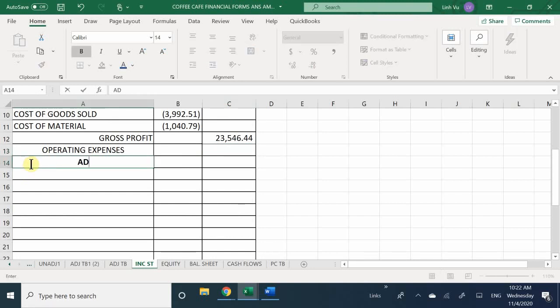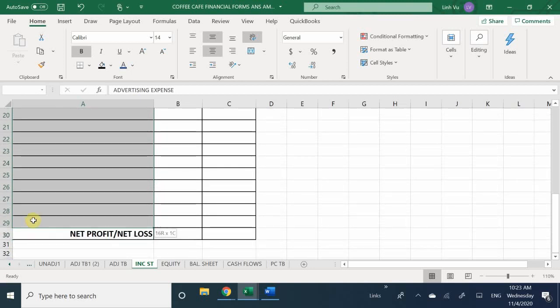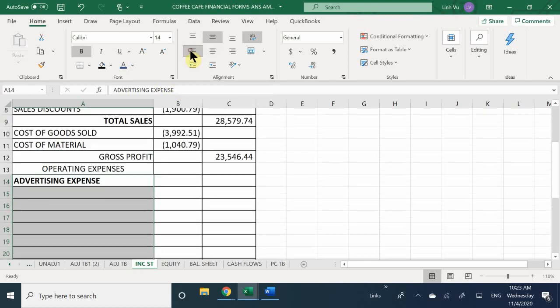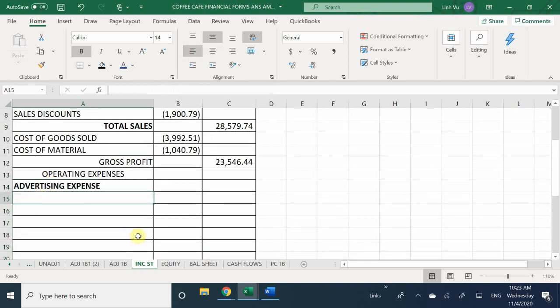All right, I have advertising. Let me reformat that so it is left aligned. I have bank fees, and I had business expenses. Now I'm just going to add them all up together.